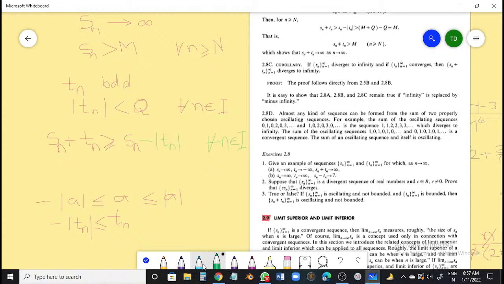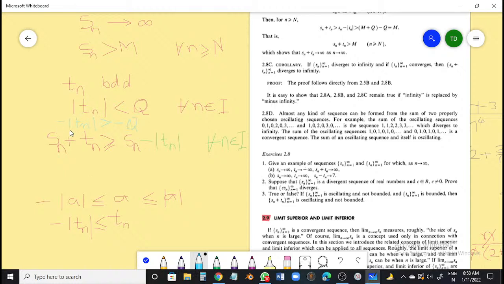If I apply this result to this inequality, what is going to happen? If I multiply by minus 1 here, it will be minus of mod Tn, the inequality will reverse, and this will be minus Q for certain.